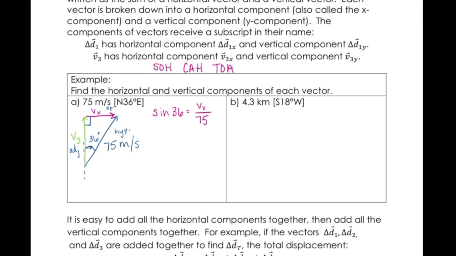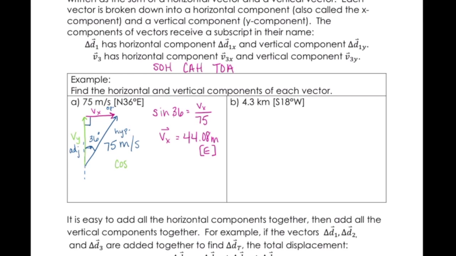We multiply both sides by 75, find the sine of 36, and multiply. We should get that our horizontal vector, or vector of x, is equal to 44.08 meters, and if we look at the direction, it's going east. Then to find our vertical, we can use adjacent over hypotenuse, so the cosine of our angle.